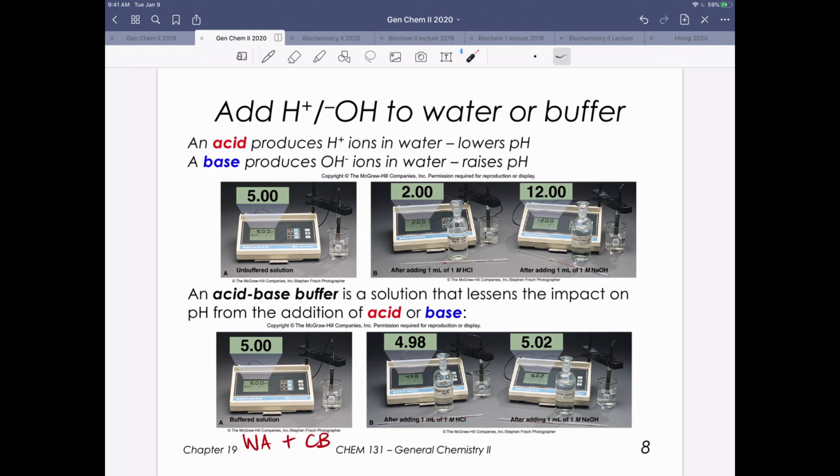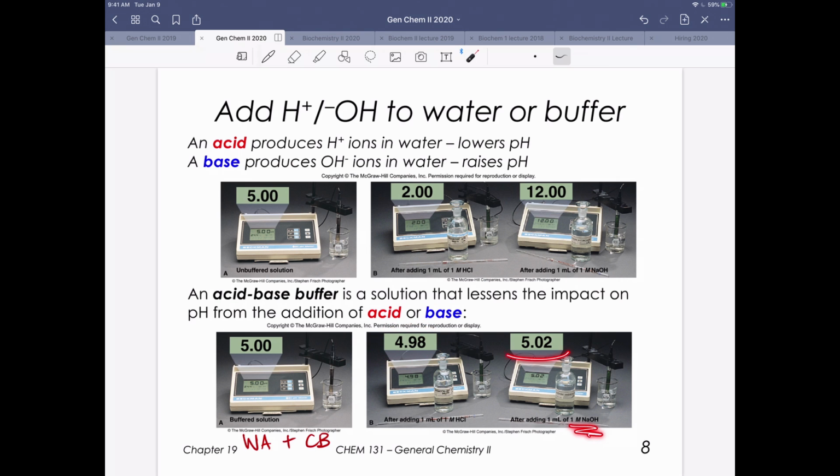Similarly, if we were to add hydroxide ions to solution, hydroxide ions have the ability to react with an acid. We're going to then essentially neutralize those hydroxide ions that are added, so they're going to have a minimal effect on increasing the pH. You will notice that when we add acid, it's not that there's no change, it's just a minimal acidification.